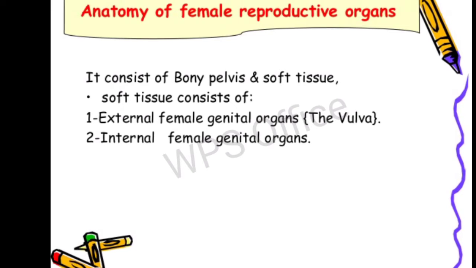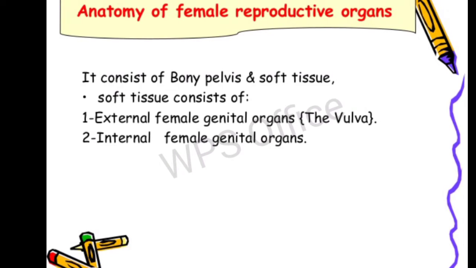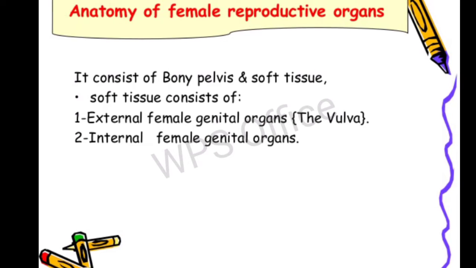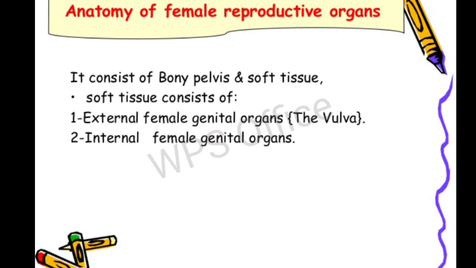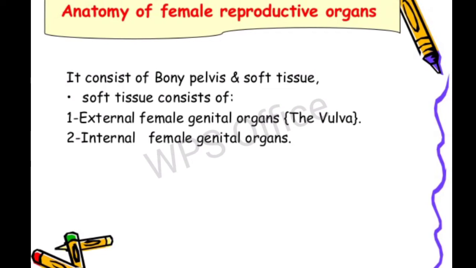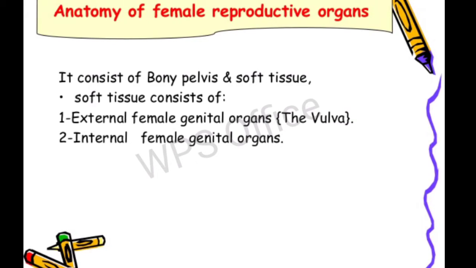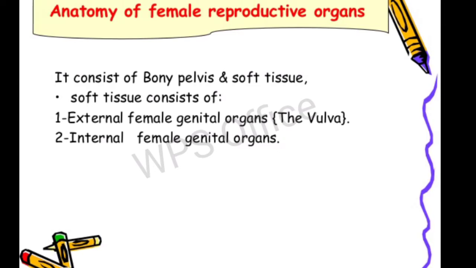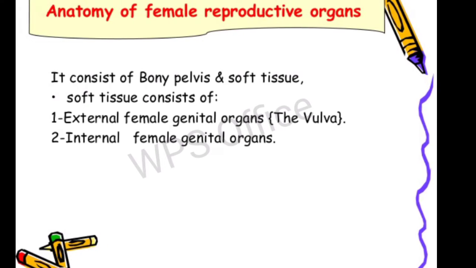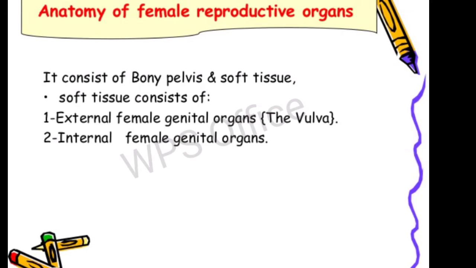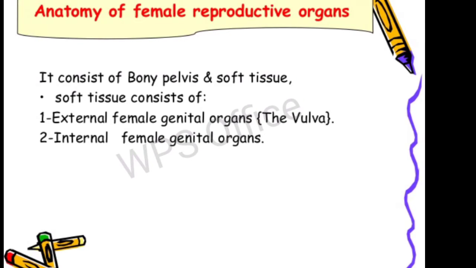It consists of the body, pelvis, and soft tissue, and the soft tissue consists of the external and the internal. The external female genital organs are also known as the vulva. We have already known that the external genitalia include the mons pubis, the outermost area.